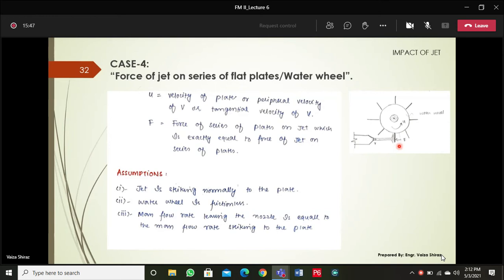So this is your third assumption. So these assumptions are not 100% applicable, but due to them you can simplify your derivation and your calculation work a lot. Okay, so हम इन तीनों assumptions को लेके आगे अपनी derivations करेंगे.